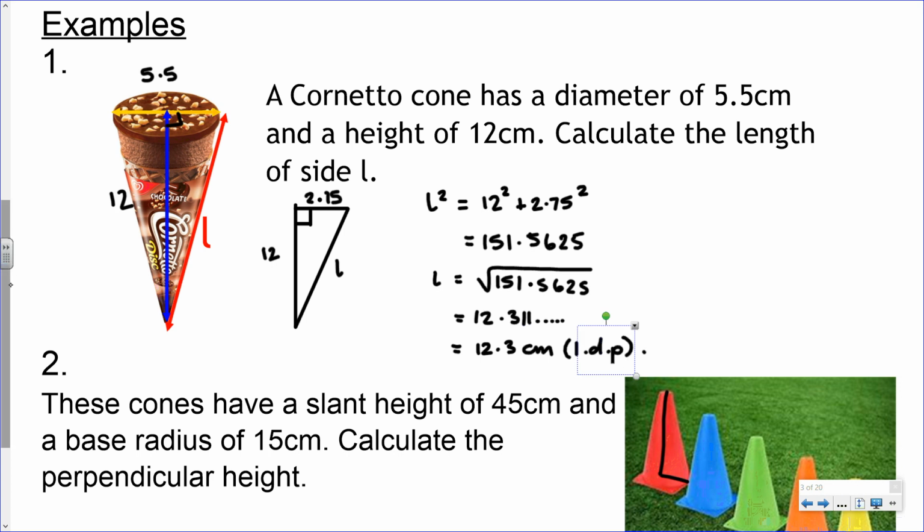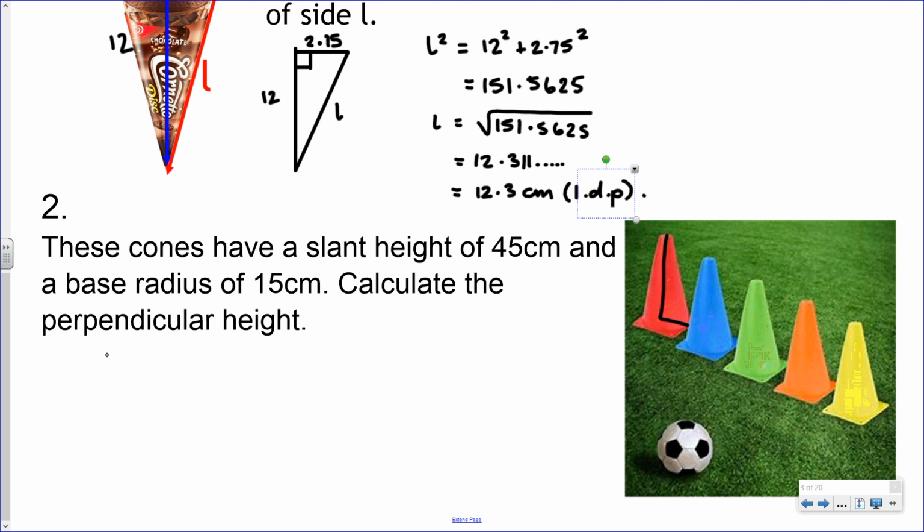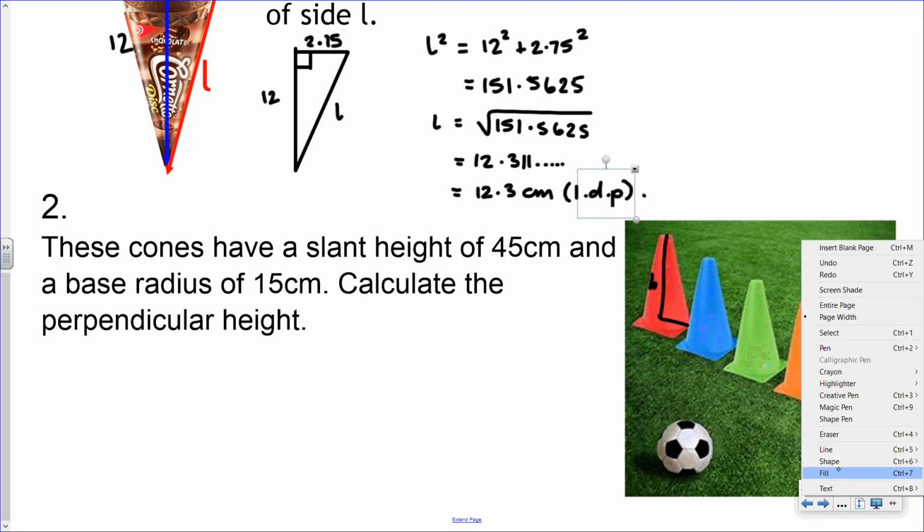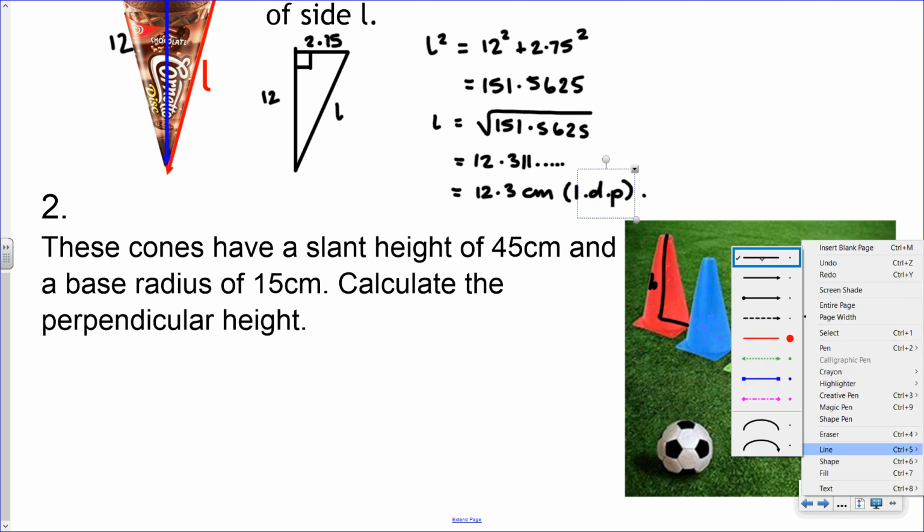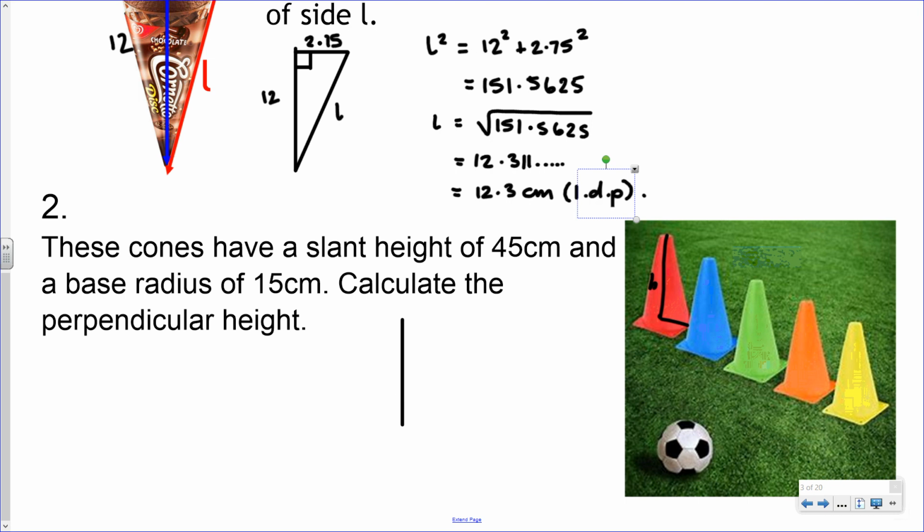Okay, let's have a look at another example involving a cone. So these cones have a slant height of 45 centimetres and a base radius of 15. This time we have to calculate the perpendicular height of the cone. The perpendicular height of the cone is from the centre of the base to the top. So again, we'll model that using a diagram. So we want to calculate the height.